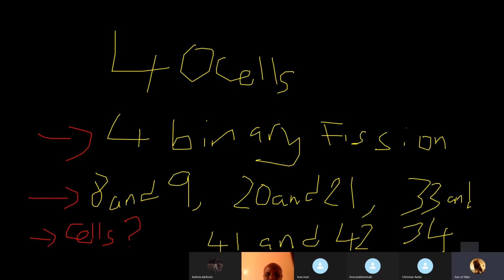After the binary fission, fragmentation occurred between cell 8 and 9, 20 and 21, 33 and 34, and 41 and 42. So the question is, how many cells are in each daughter filament, and how many daughter filaments have been formed after the fragmentation? Any one of you, if you finish, let me know your answer.